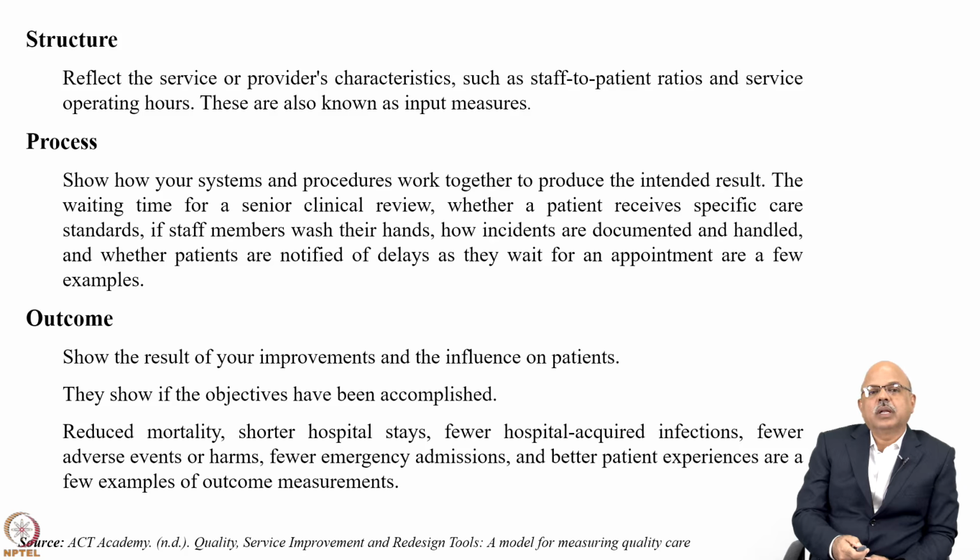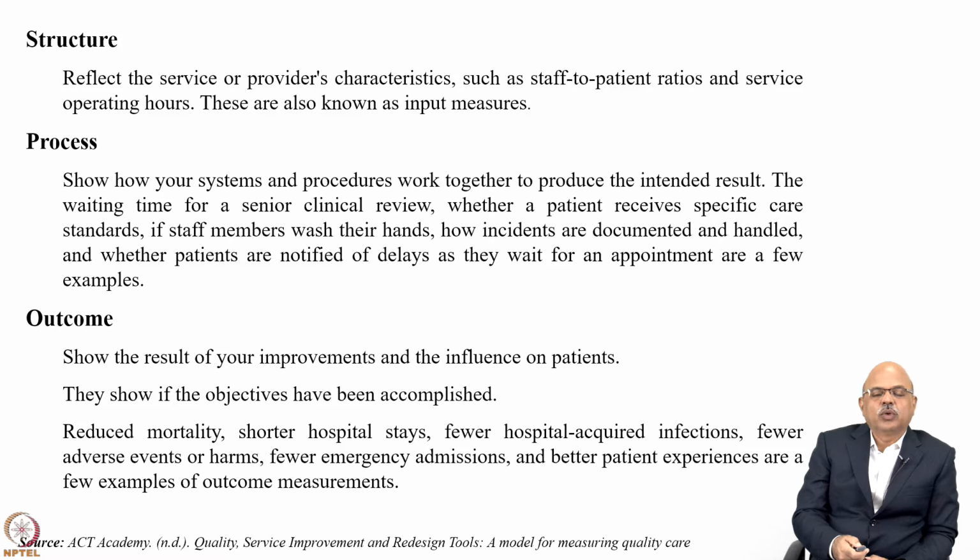Even the hospital gets more issues with the length of stay of a patient. A shorter hospital stay will always try to give better health outcomes. Fewer hospital acquired infections, the HAIs, which become a major issue with the superbugs, which increase patients' calamities. Fewer adverse events and harms, which cannot be denied.